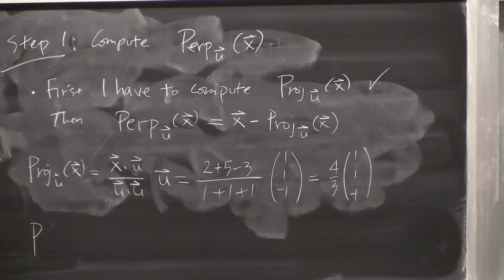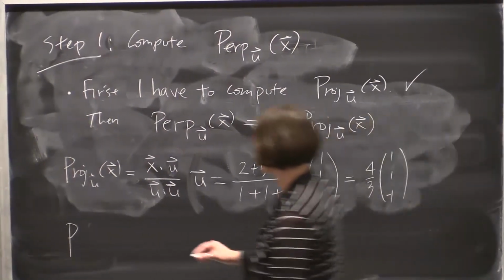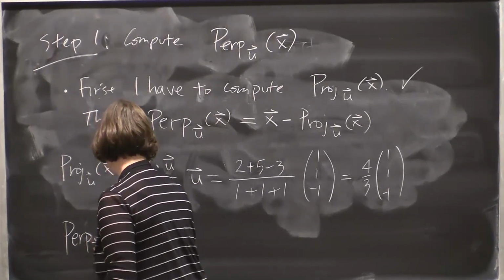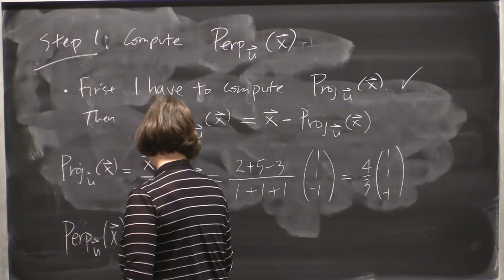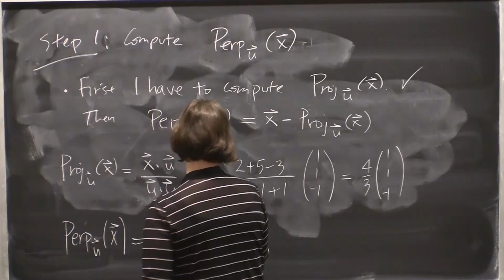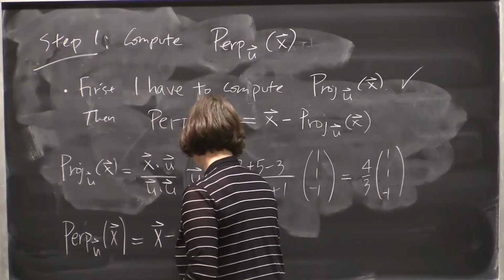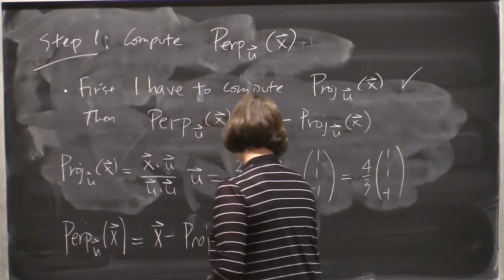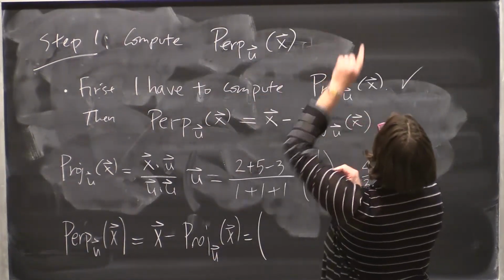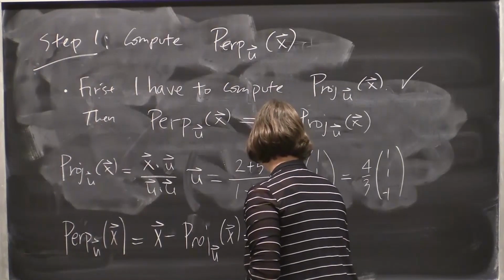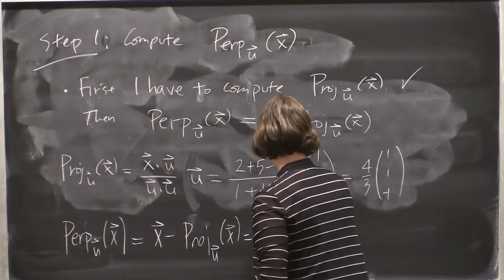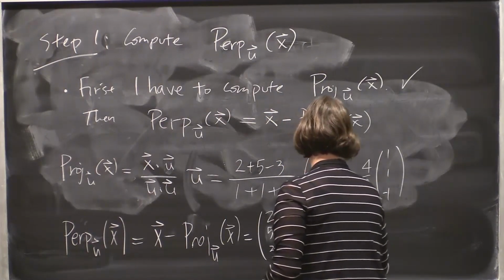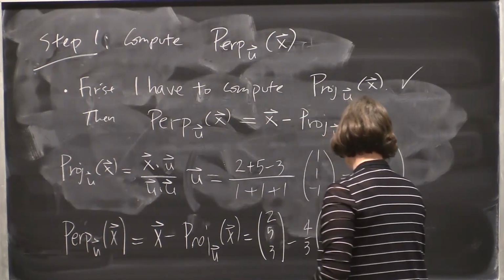OK, so now I just need to project x perpendicular to u. So perp u of x is equal to x minus the projection of x onto u. So that is (2, 5, 3) minus 4/3 times (1, 1, minus 1).